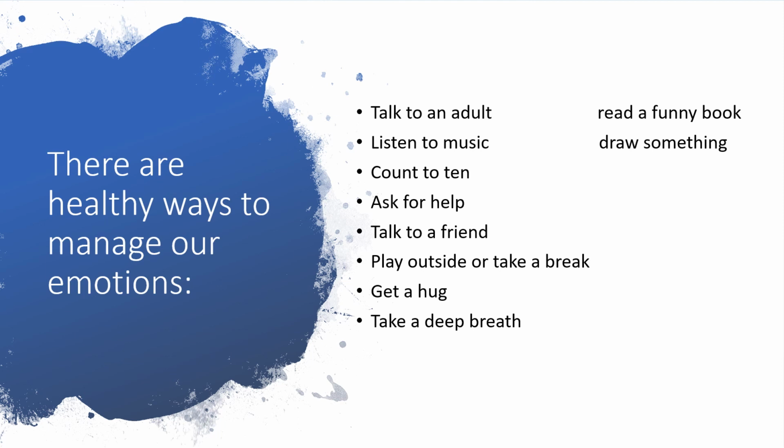So I listed a few here, some healthy strategies: talking to an adult or a trusted friend, listening to music, counting to 10, asking for help, playing outside or taking a break, taking a walk outside, getting a hug from someone, taking a deep breath, reading a funny book or watching a funny video or movie, and also taking some time to draw or color can help us, okay? And those are healthy strategies so our emotions don't build up.